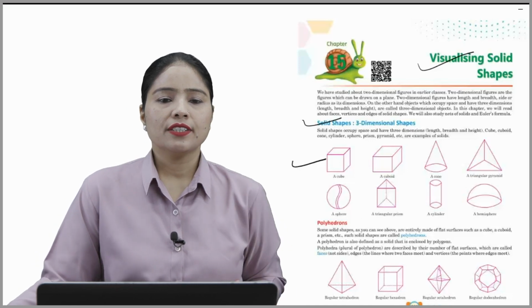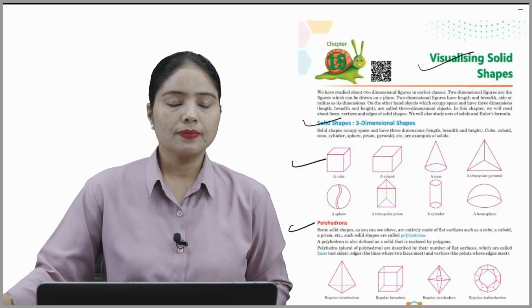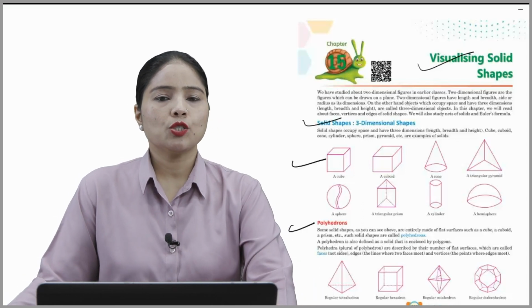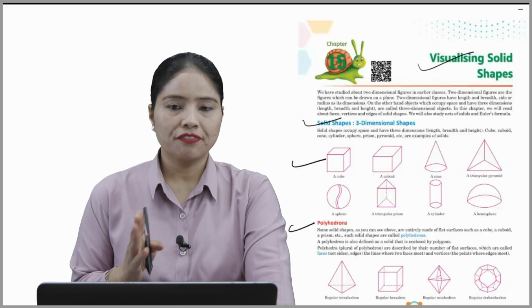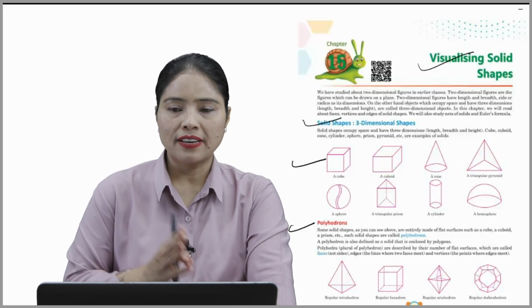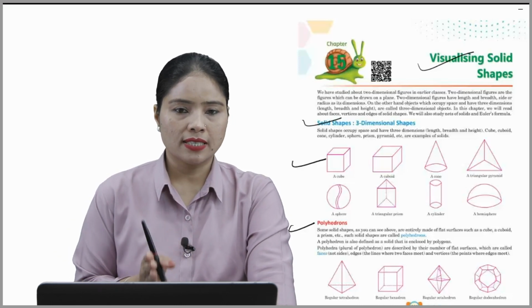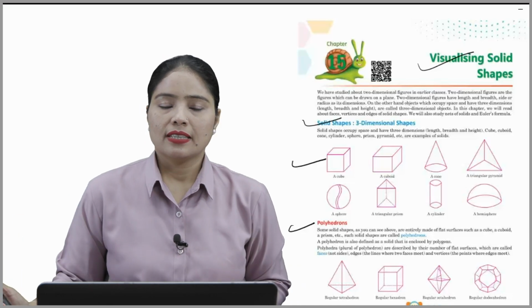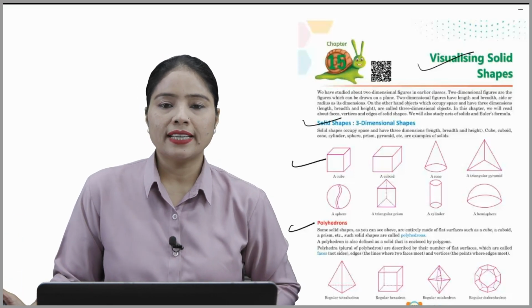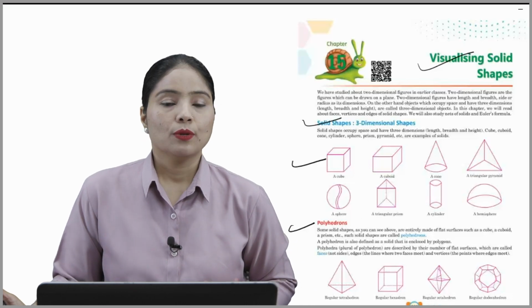Now after that, polyhedrons क्या होते हैं? Let's see. Some solid shapes, as you can see above, are entirely made of flat surfaces, such as a cube हमारा flat है, cuboid भी हमारा flat surfaces से बना है, prisms, etc. Such solid shapes are called polyhedrons. A polyhedron is also defined as a solid that is enclosed by polygons.